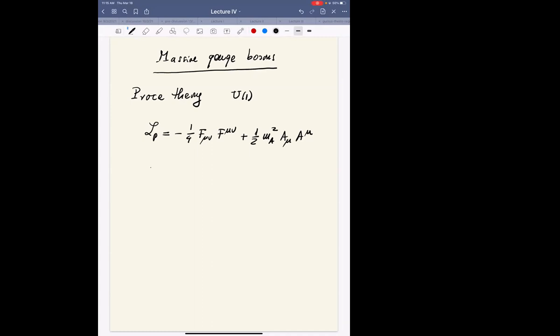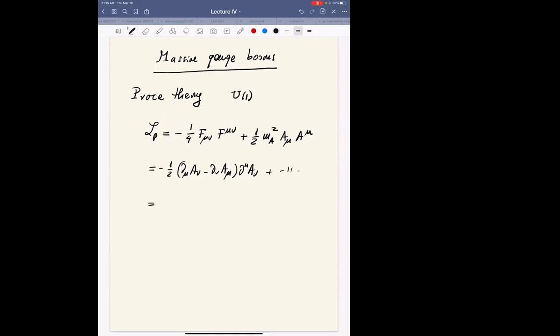I can rewrite this slightly. This is minus a half. Because of the anti-symmetry, I can write like this. Instead of the quarter, I just write the half, because the second piece, because of the anti-symmetry, will just repeat it. And of course, with the same mass term.